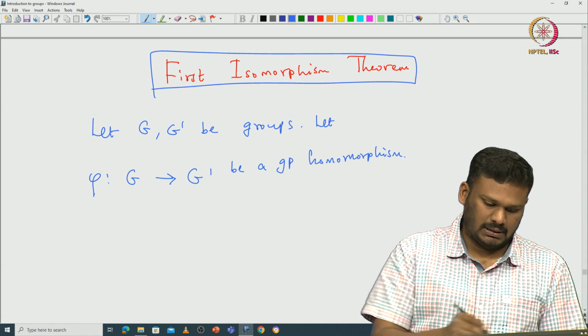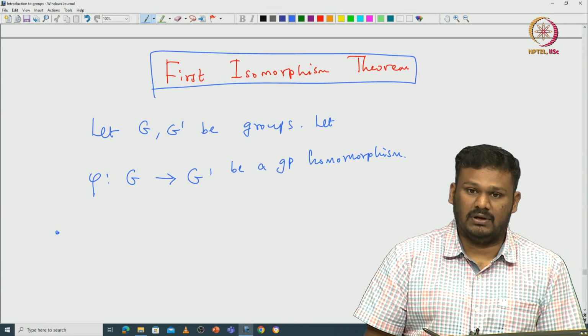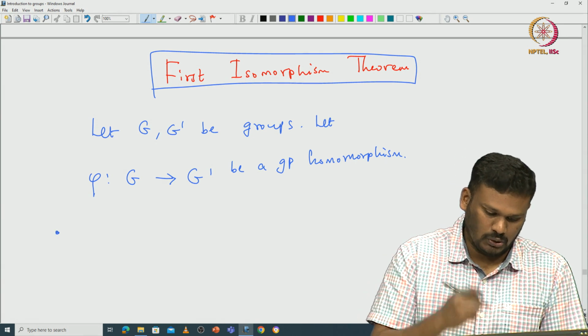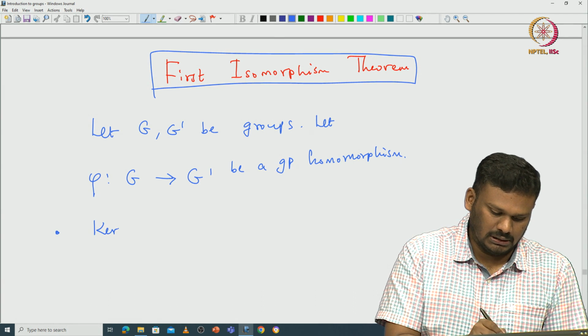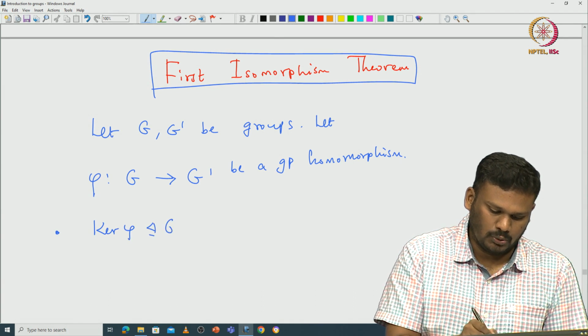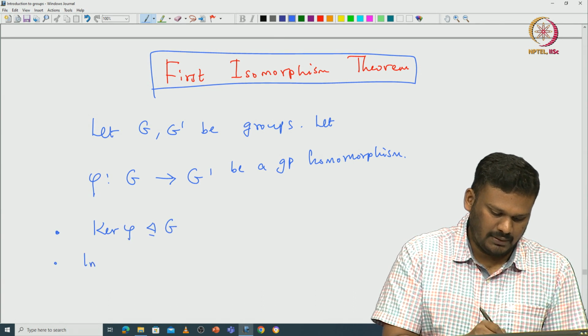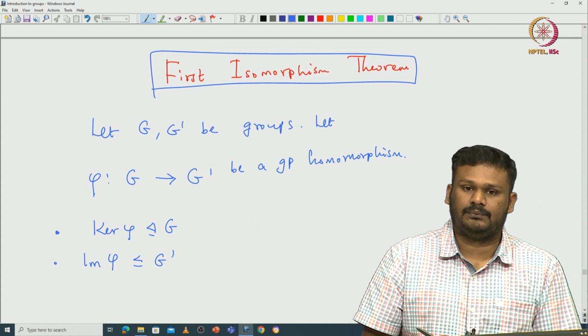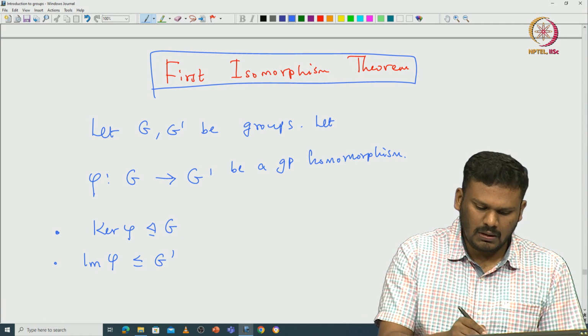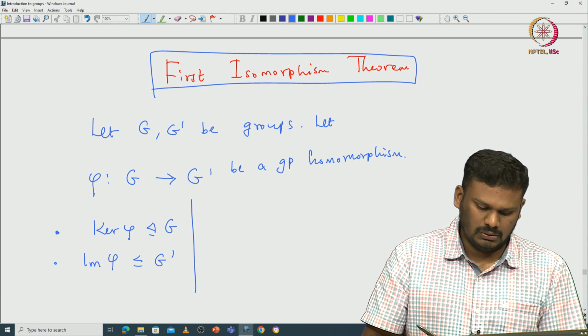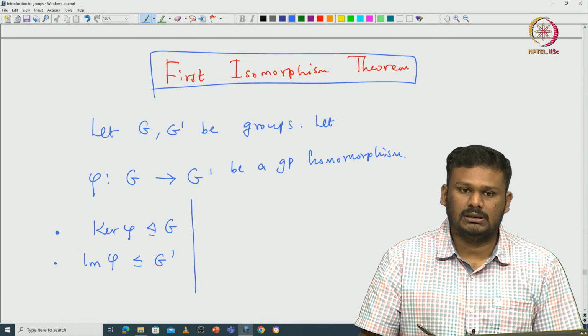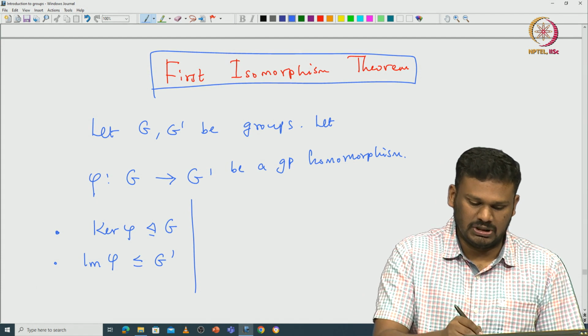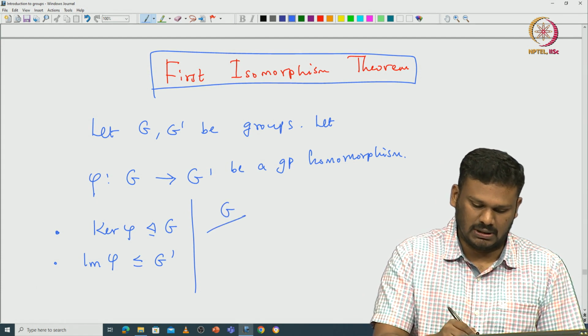So recall some of the notions that we have defined related to this group homomorphism. The kernel is a normal subgroup in G, and the image is a subgroup of G dash. Now, once we know that the kernel is a normal subgroup in G, one can make the quotient G modulo the kernel.